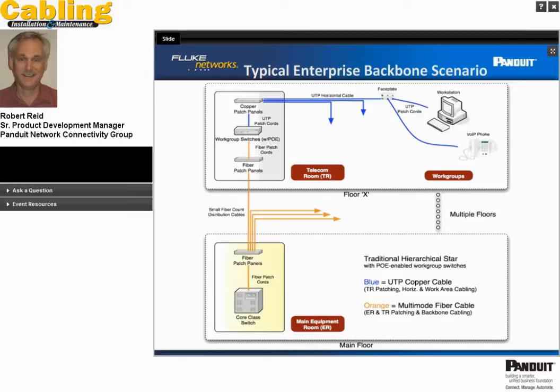So you can see the link that we're talking about here would be between the fiber patch panels in the equipment room and the fiber patch panels in the multiple telecom rooms. And I've said floors here, but these could be multiple telecom rooms spread about either a factory or an office space.